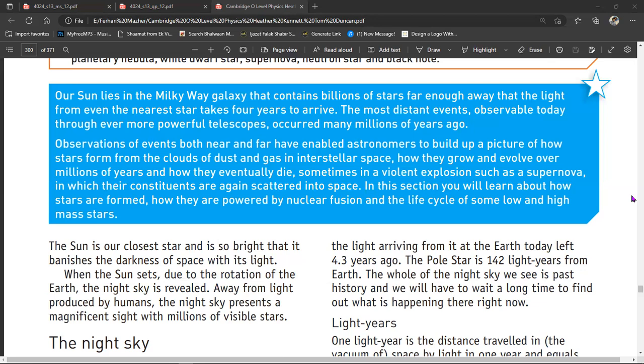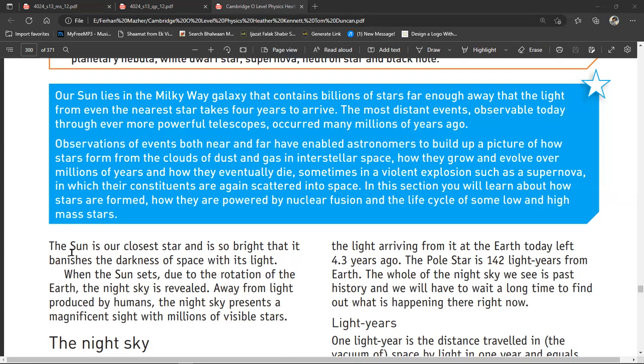In this section, you will learn about how stars are formed, how they are powered by nuclear fusion, and the life cycle of some low and high mass stars.